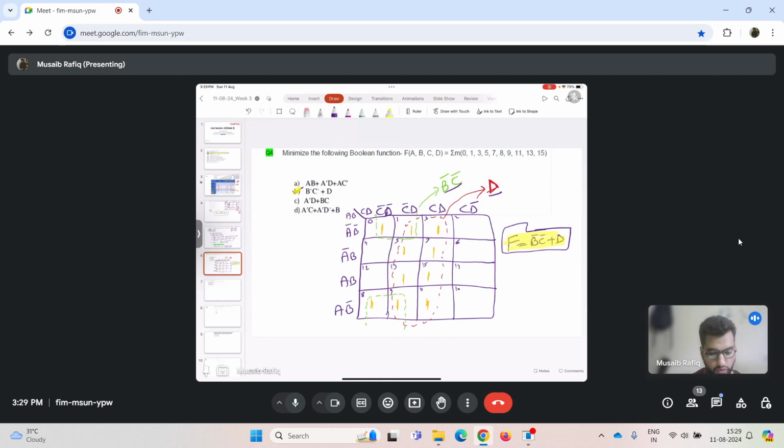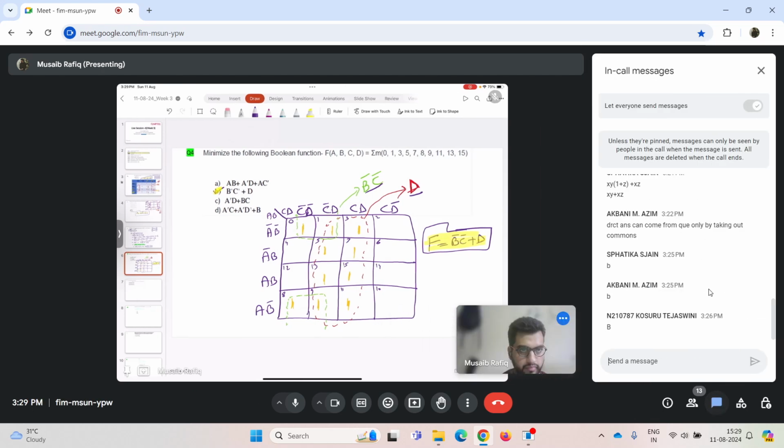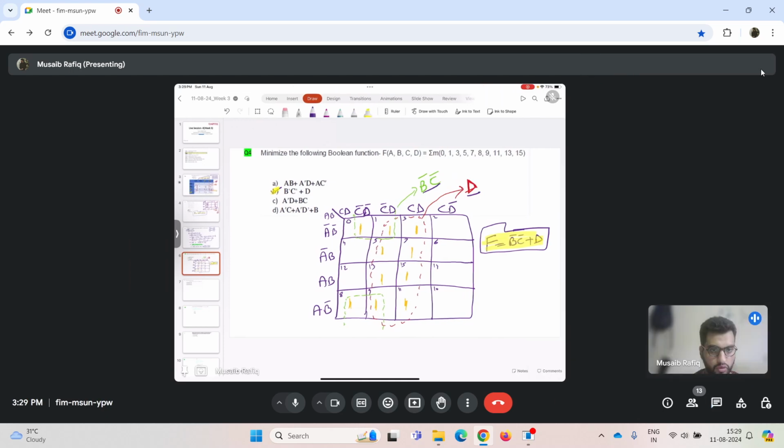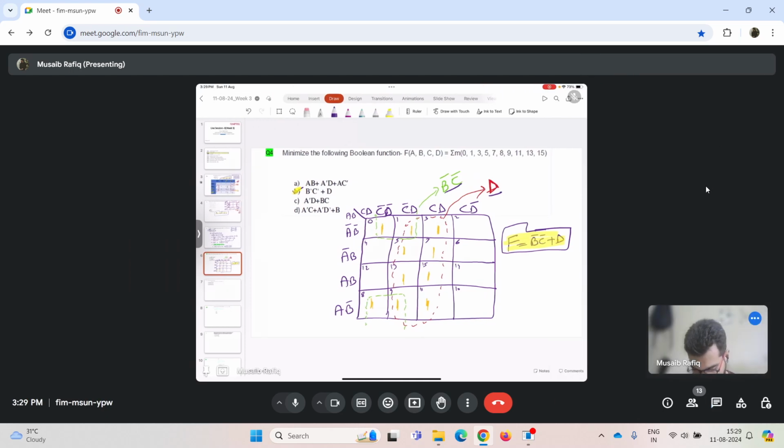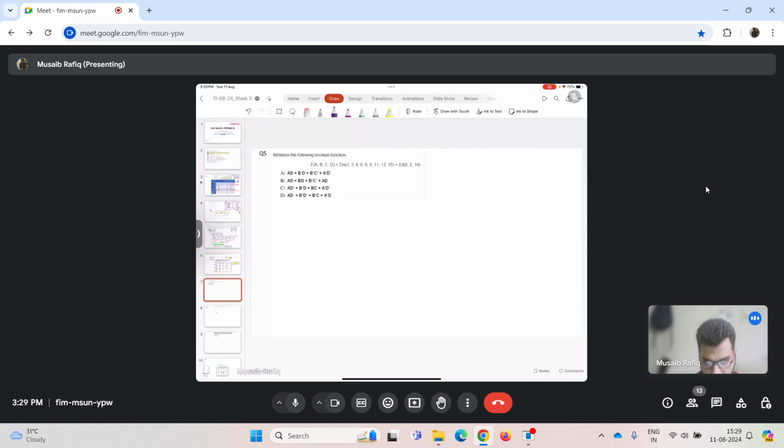So this was question number 4. Now we'll move forward to question number 5 of today's live session. The question states: minimize the Boolean function f of a, b, c, d equal to sum of minterms 1, 3, 4, 6, 7, 8, 9, 11, 13, 15 and this term. So what is this?